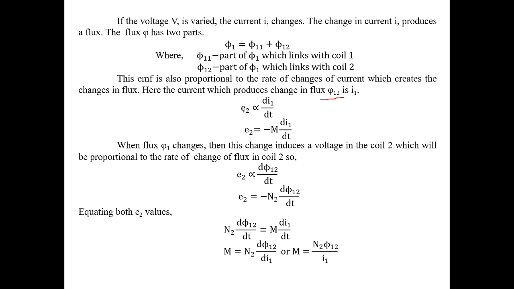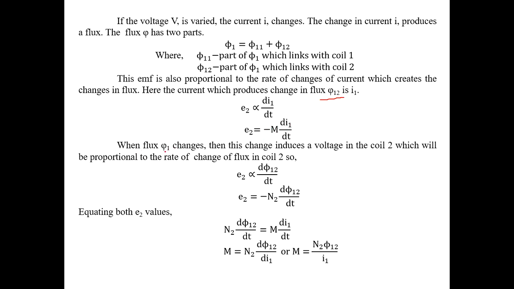Next we can write E2, that is the voltage in coil 2, is directly proportional to the rate of change of current in coil 1. E2 is directly proportional to di1 divided by dt. In order to remove this proportionality we can write E2 is equal to minus M into di1 divided by dt.